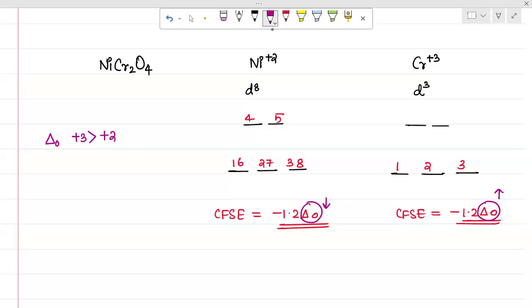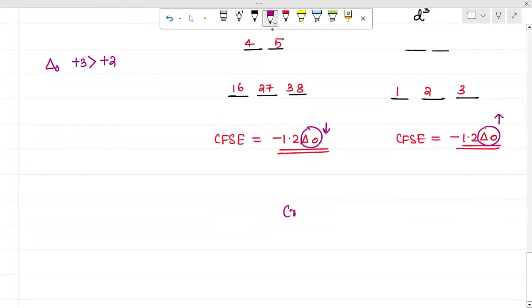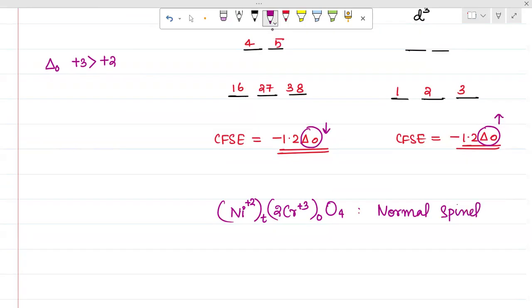If chromium 3+ is more stabilized, the 2 chromium 3+ species will go to the octahedral site because that is more stabilized. The other one, nickel +2, will take up the tetrahedral position, and this corresponds to a normal spinel. Okay?